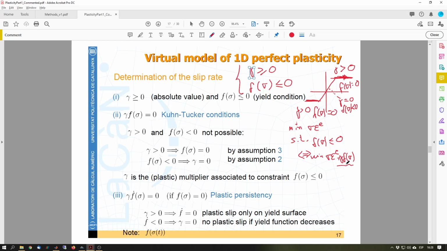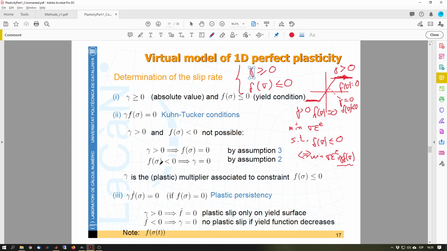And I know that, because this is a complementarity constraint, gamma is only different from 0 whenever f is equal to 0. So we cannot have the two different from 0. When gamma is larger than 0, my constraint function is equal to 0, and that must be true because in that case we are in the plastic regime on that branch.